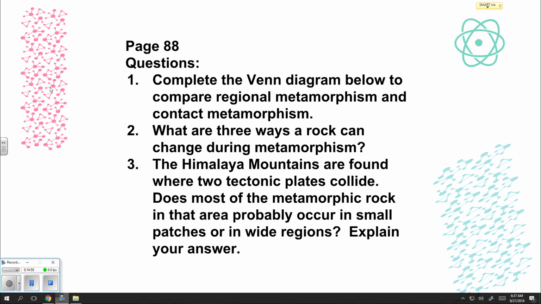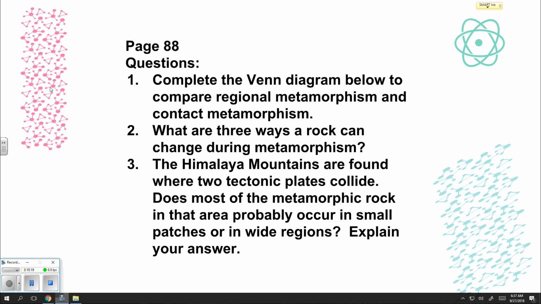In the center where they overlap, highlight or write: change in texture, structure, and chemical composition of rock.